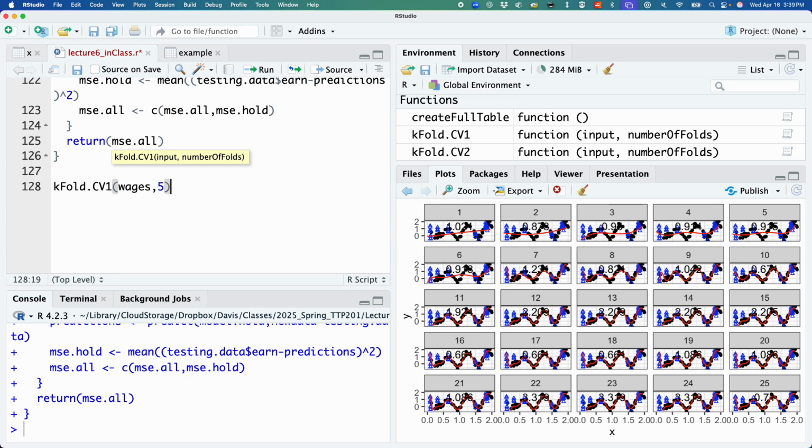All right, we'll do 5 folds. Kfold.cv1, cv2, wages 5. Okay, so each of these are going to return a vector of out-of-sample mean squared errors that I can then compare to see which one does a better job at predicting.